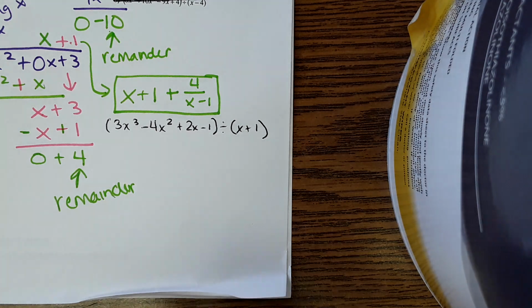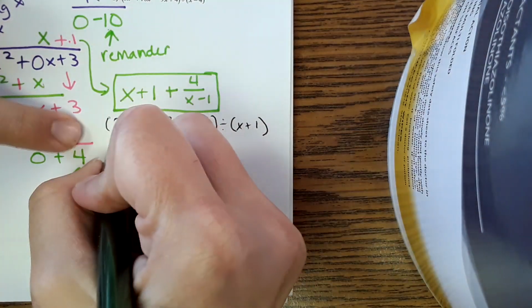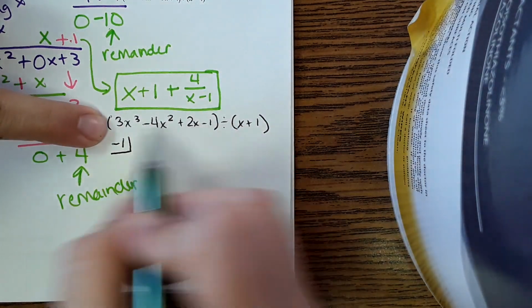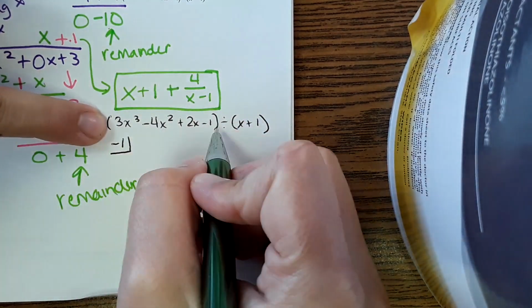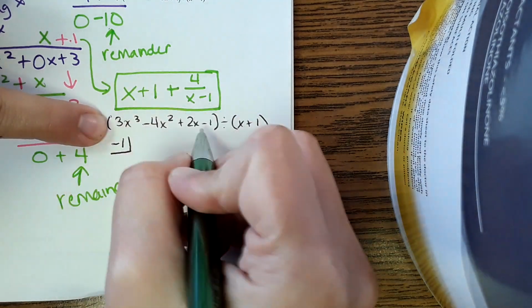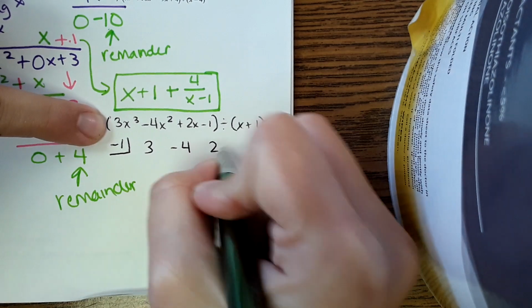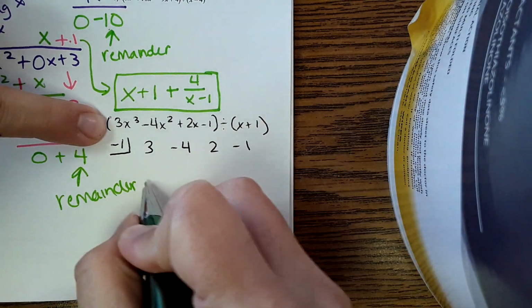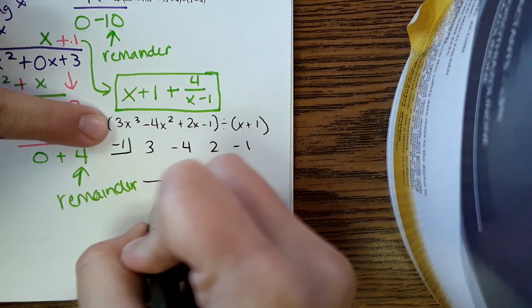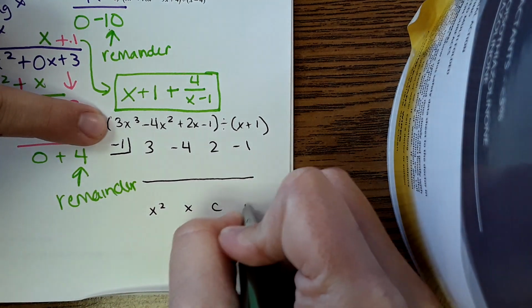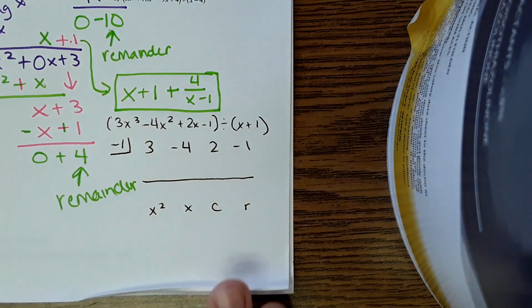Okay, so setting it up like we did before, we're going to put a negative 1 in the box and then list out the coefficients. If you had a missing term here, then you would fill in a 0, but we don't have a missing term. So 3, negative 4, 2, and negative 1. Okay, now we do the same process.